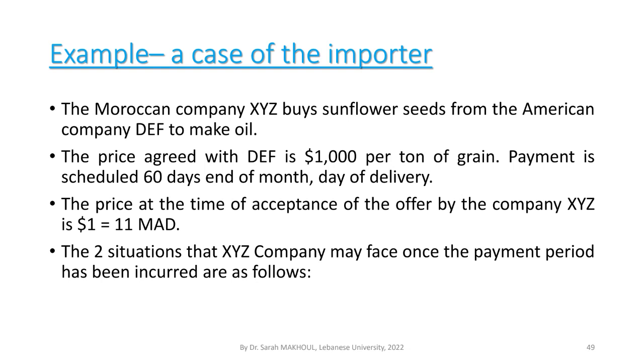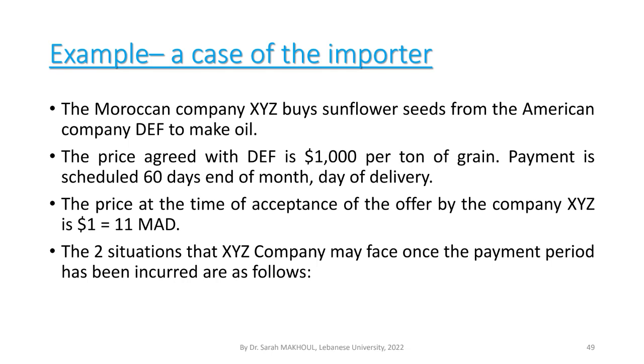If we take the example of an importer, a Moroccan company called XYZ buys sunflower seeds from the American company DAF to make sunflower oil. You need to know that the Moroccan company is geographically in the north of Africa.